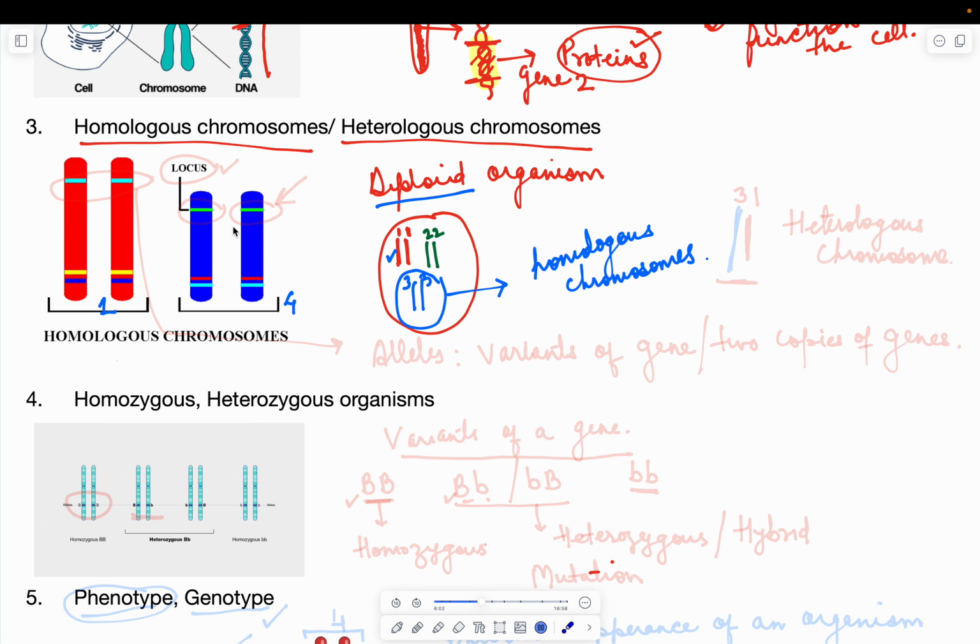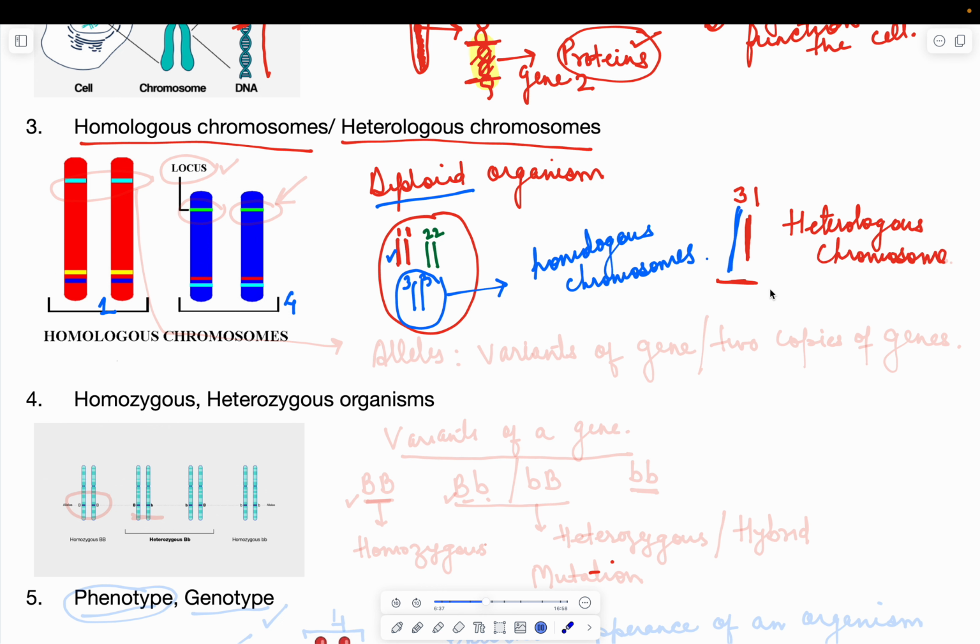If you place chromosome 3 with a member of chromosome 1, now these two are heterologous because they are not similar. One is chromosome 3, one is chromosome 1. So these are heterologous chromosomes.